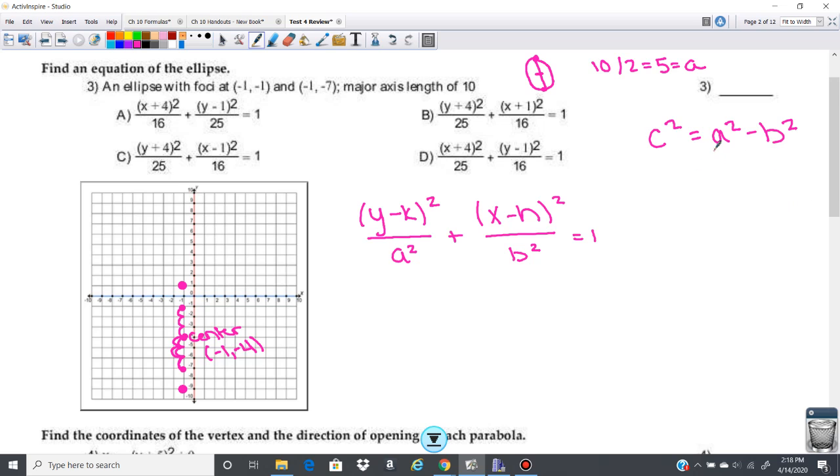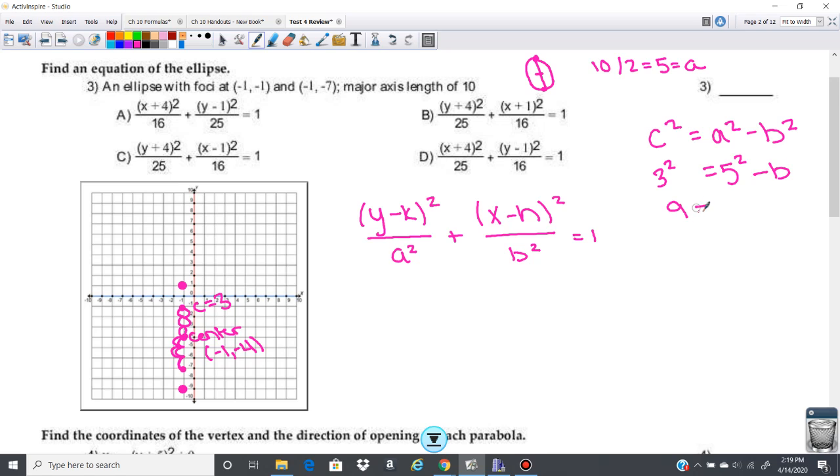We have a is 5, so 5 squared. We need c. Now we were given the foci right here. We just need to find what c is. c is the distance from the center to the foci. So 1, 2, 3. So c is going to be 3. Let's plug that in. 3 squared equals 5 squared minus b squared.